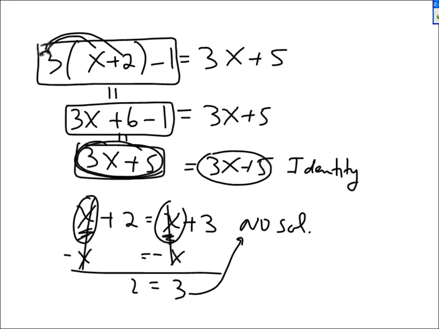If I try to bring the numbers to the right side and x's to the left, I definitely get rid of the x's on the right side, and I happen to get rid of them on the left. So the left side happens to be 0. The right side, 3 minus 2 is 1. That's absurd. 0 doesn't equal 1. No solution.